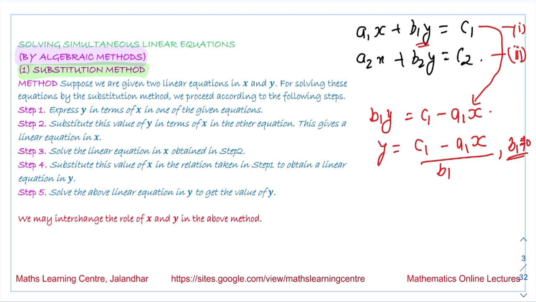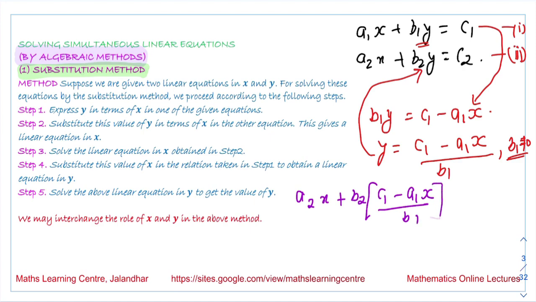Now we substitute this value of y in the second equation. Substituting the value of y, we get a2x plus b2 into (c1 minus a1x) over b1, this is equal to c2. In place of y, we have substituted this value.